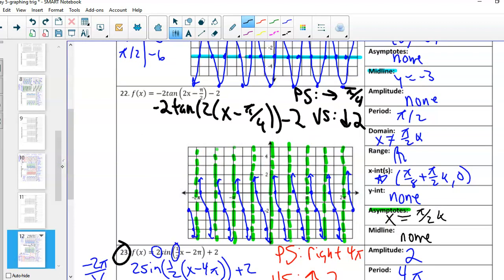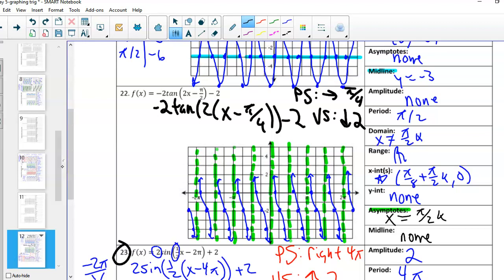Now with 22, you could have still done the table for this one, but your period became pi over 2. So every pi over 2, it needs to repeat itself. If we shifted that left pi over 4 with its period change, it actually goes back to 0 and pi.